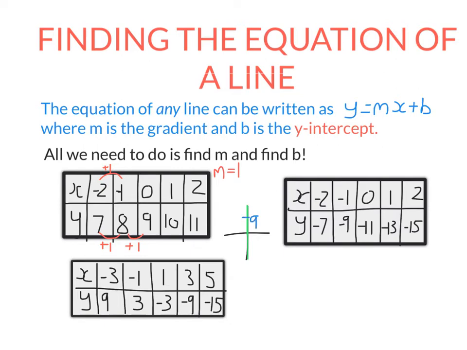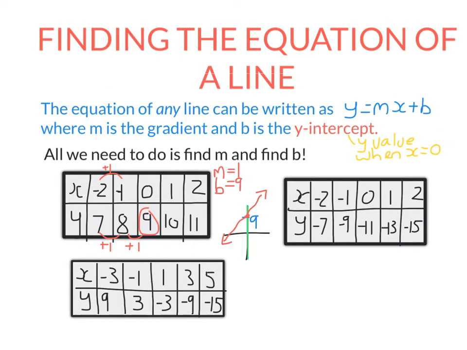So if it was 9, the line would look like this. The y-intercept of this line is 9. A way you can think about the y-intercept, it's the y value when x equals 0. So that tells us that it will hit the y-axis at 9. That means b, which stands for the y-intercept, is 9.